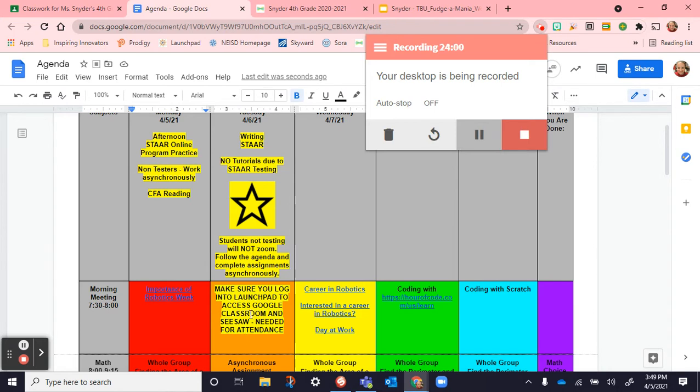You have to make sure that you log in through your Launchpad to be able to get into Google Classroom and Seesaw. I need that for attendance purposes. Okay, so if you log into Launchpad and you complete your assignments through Launchpad, Launchpad communicates with Skyward and helps with attendance. If it does not register your attendance, I'll go in and I will check.